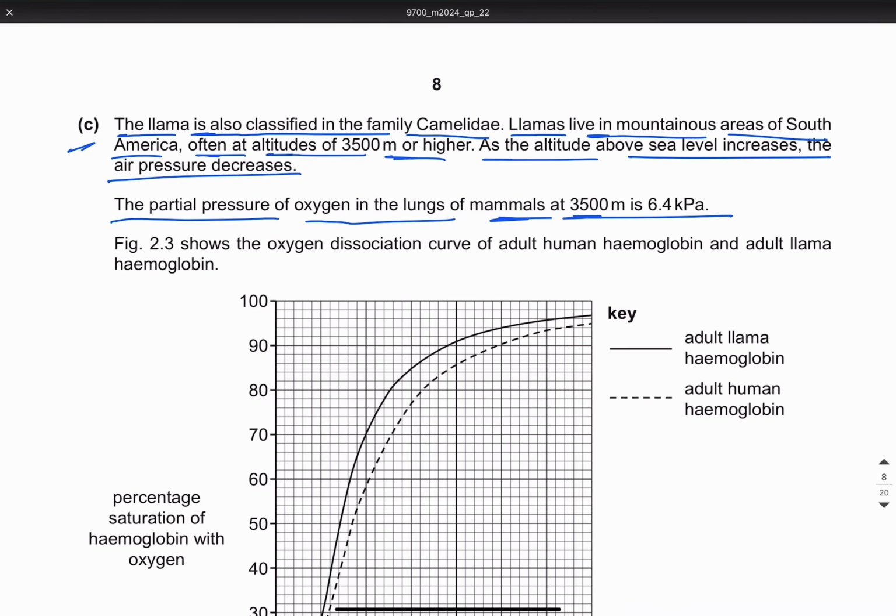So even though the partial pressure of oxygen is low, the hemoglobin in these animals will pick up a lot of oxygen because of the higher affinity of hemoglobin for oxygen, right?